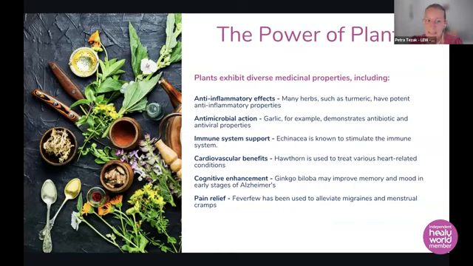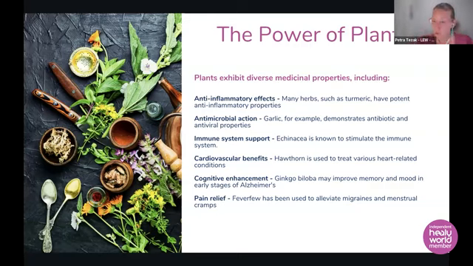So plants exhibit diverse medicinal properties, and that's why we love them, because they help us so much. Those include, for example, anti-inflammatory effects. Many herbs, like turmeric, have potent anti-inflammatory properties. Seriously.